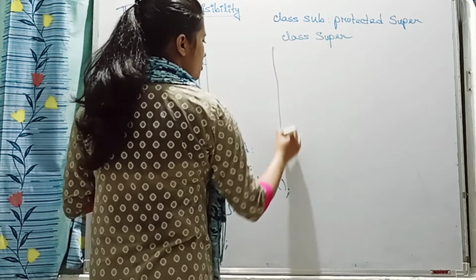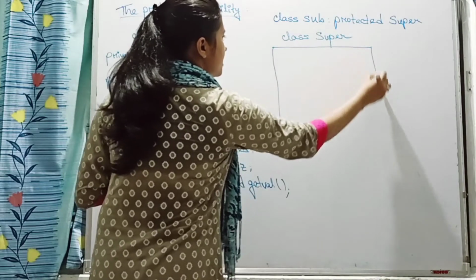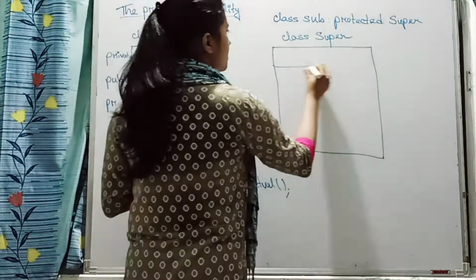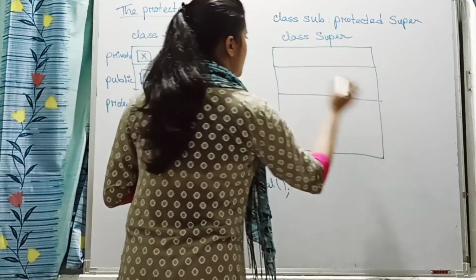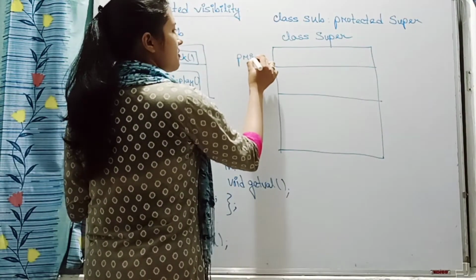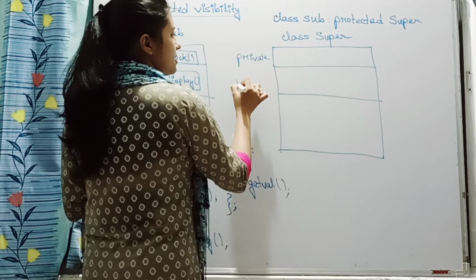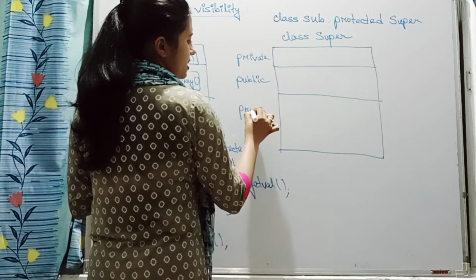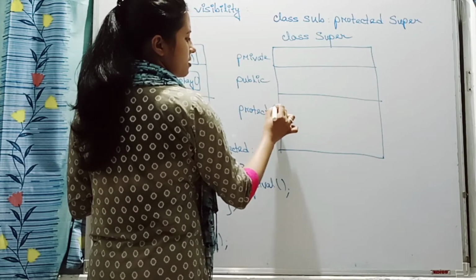In the class super, what will happen? You will see here. So this is the private section of class super. This is the public section of class super. And this is the protected section of class super. Okay.